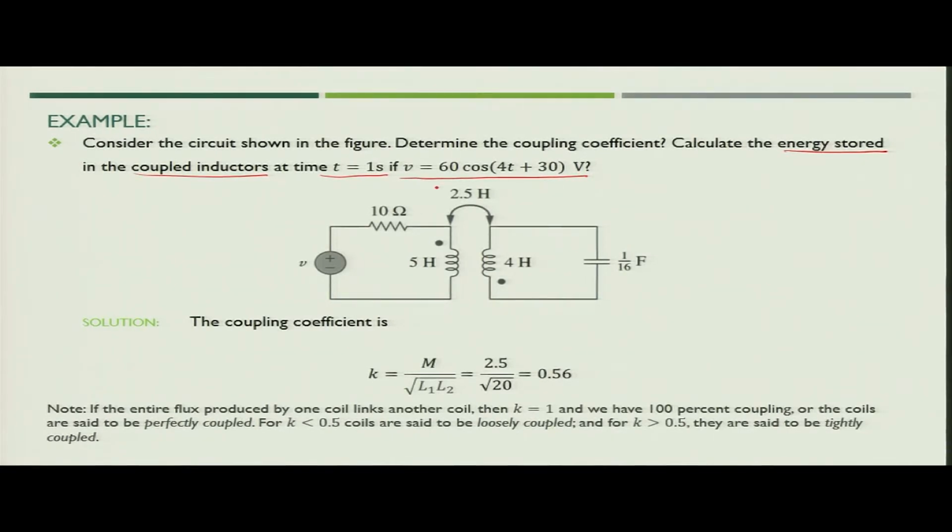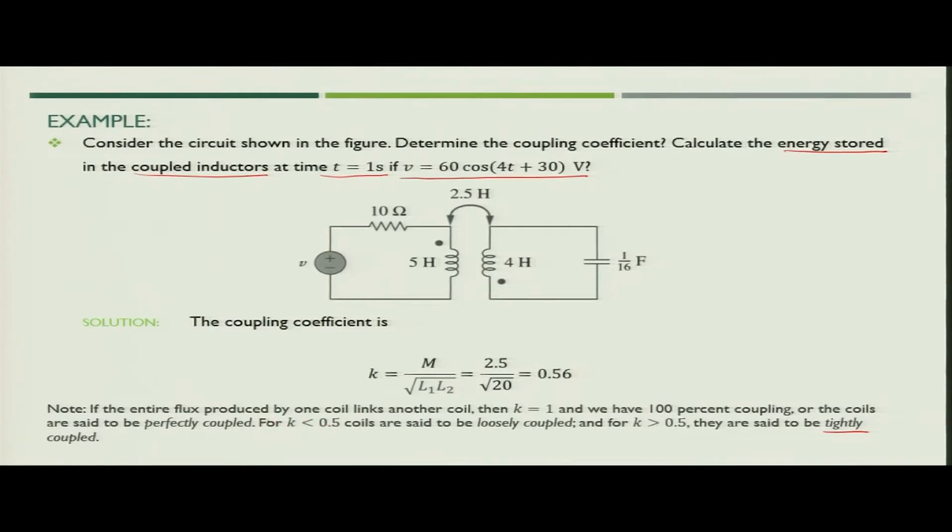Now, if you see this particular circuit, L1 and L2 are given as 5 and 4 Henry. So, with M as 2.5, K will become 0.56. So, since K is 0.56, we will say that the circuit is tightly coupled.